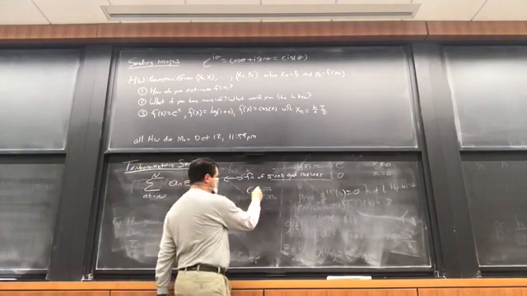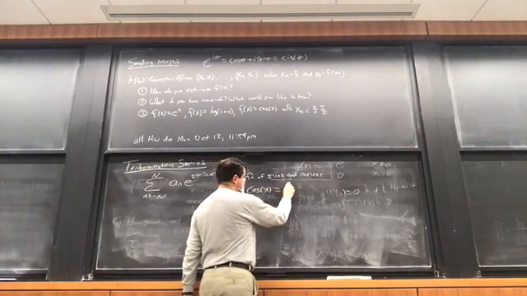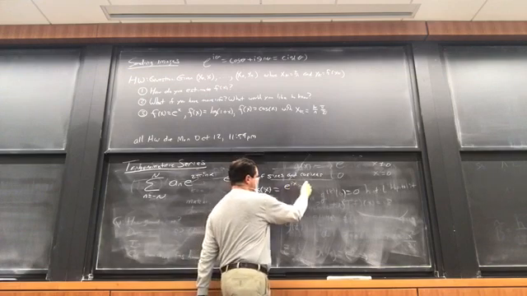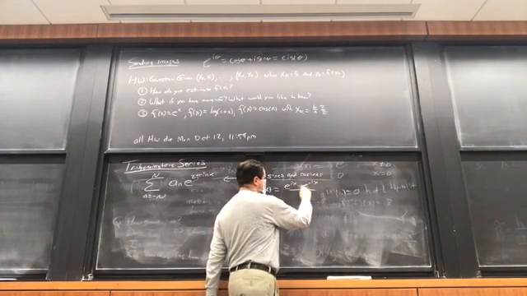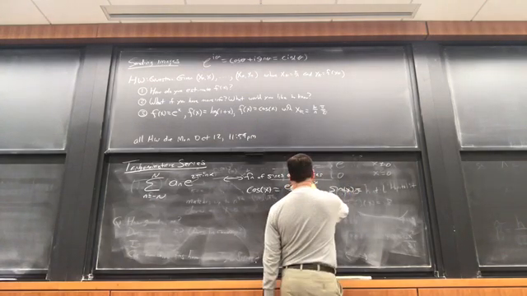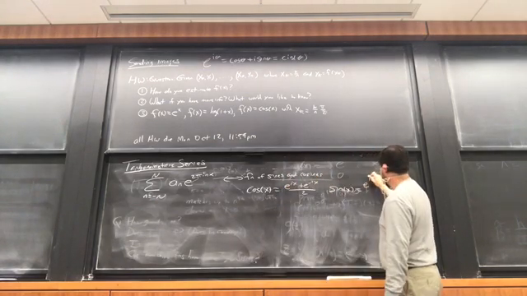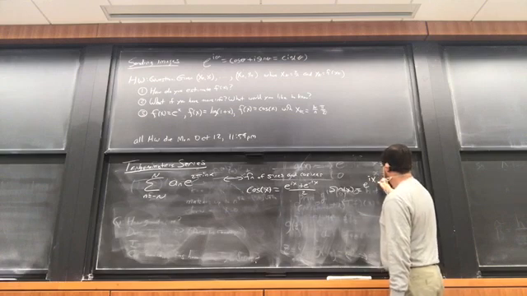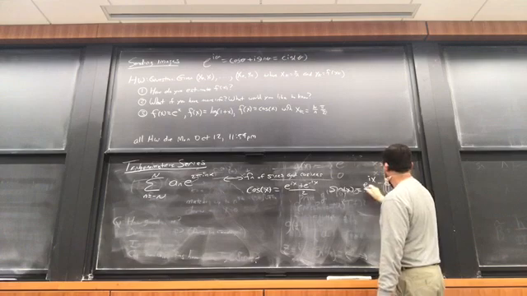And the key is that cosine of x is (e^(ix) plus e^(-ix)) over 2, and sine of x is (e^(ix) minus e^(-ix)) over 2i.